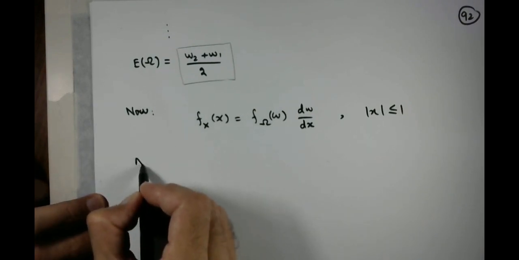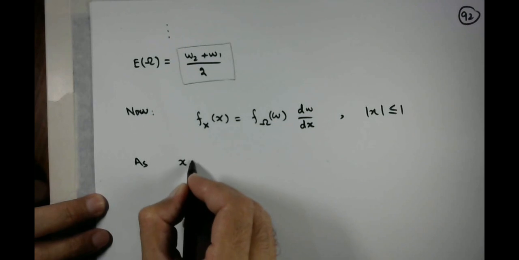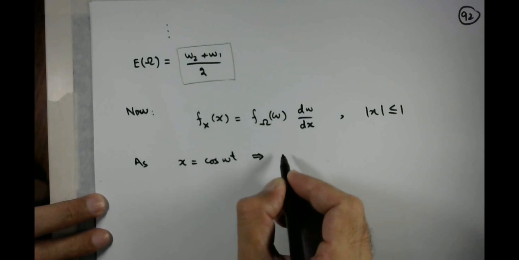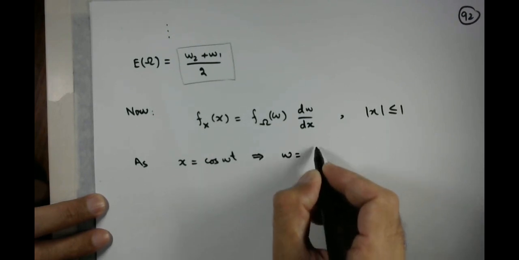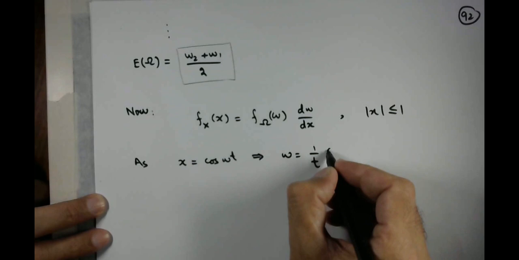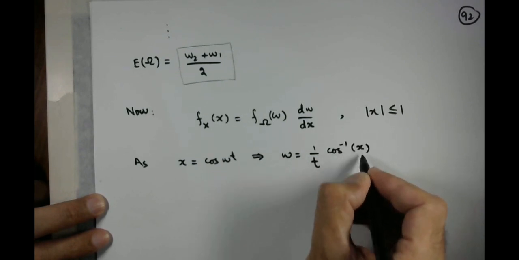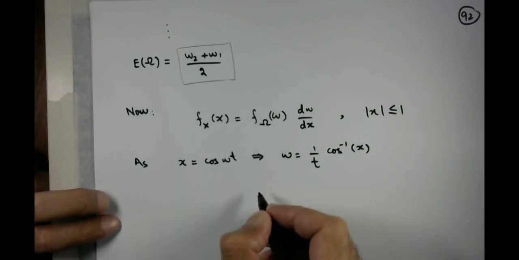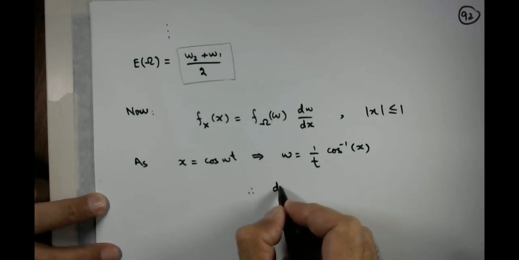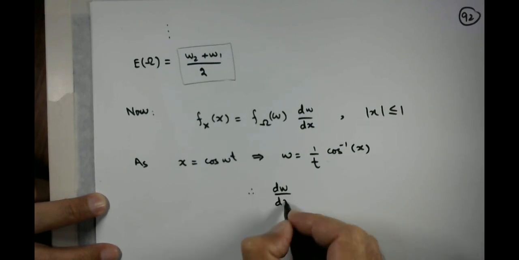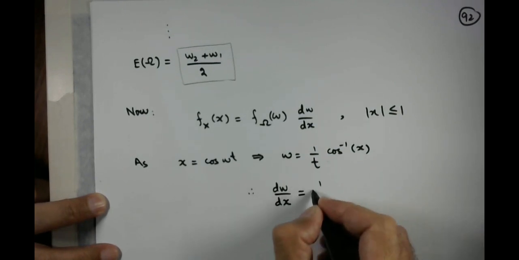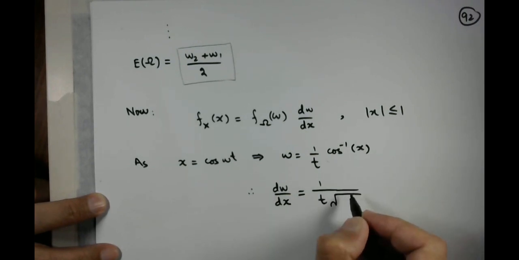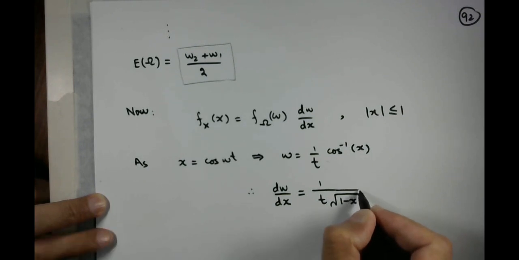So now you know that as x is equal to cos omega t, this implies omega is equal to 1 over t times cos inverse of x, and therefore we can write that d omega over dx is equal to 1 over t times 1 over the square root of 1 minus x square.